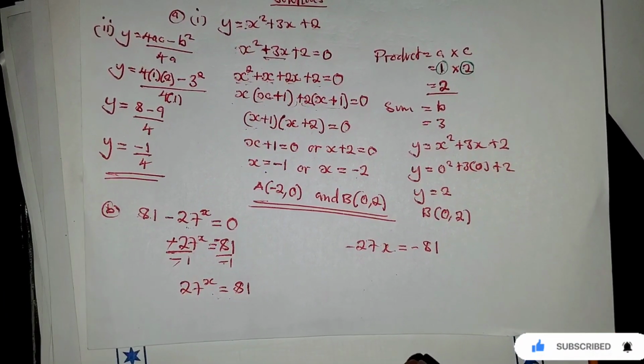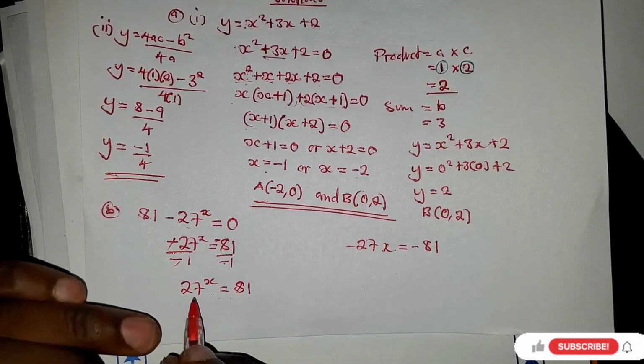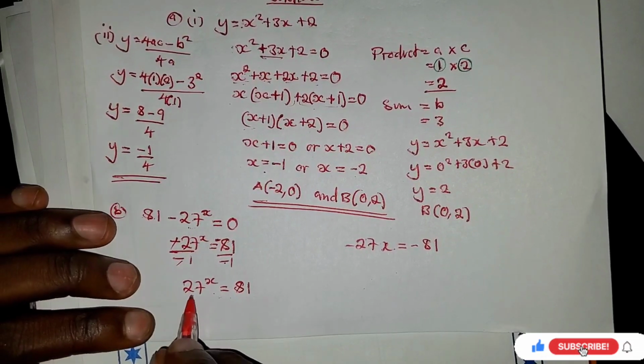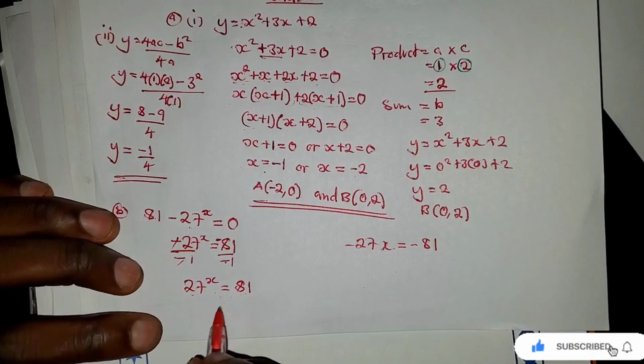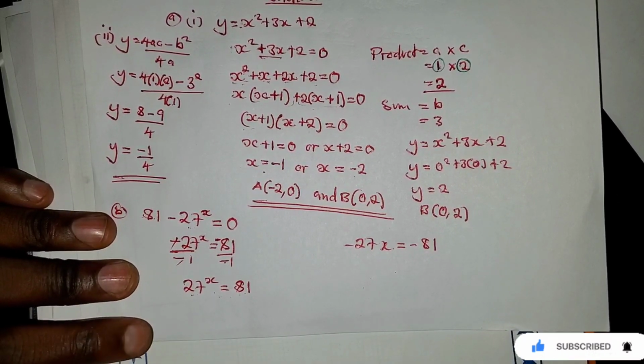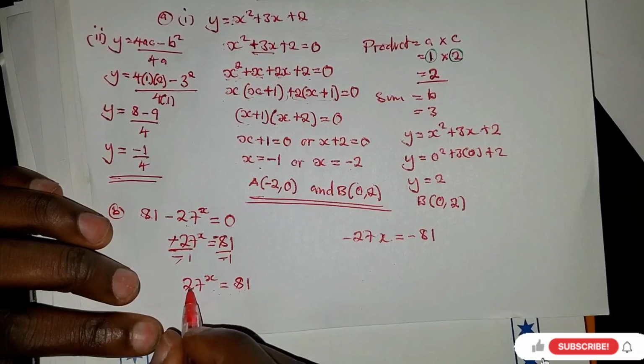Then when you reach this stage, you need now to make the bases the same. How can you make these two have the same base? Which number can we use? We know that we can't use 2.